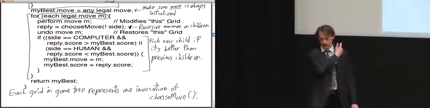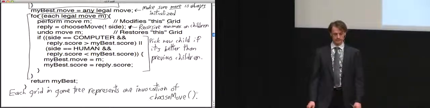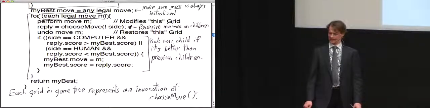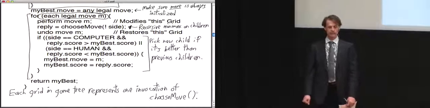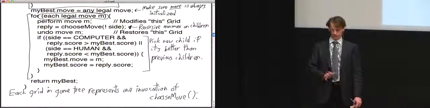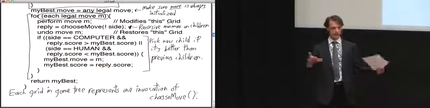At the beginning of the game, you would have a totally empty grid. Choose randomly? What do you mean by that? Well, no, you're actually going to try all 9 possibilities for X. You don't pick X randomly in the grid. So at the very beginning of the game, you have an empty grid.